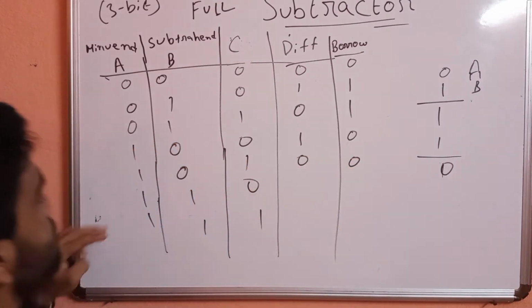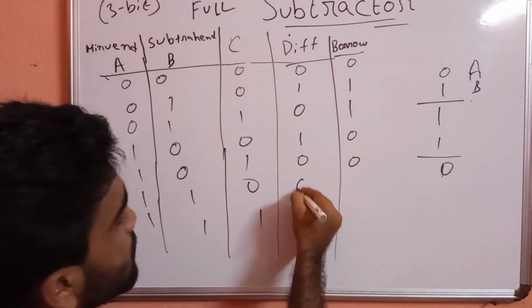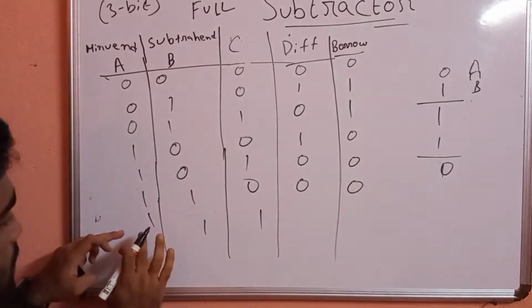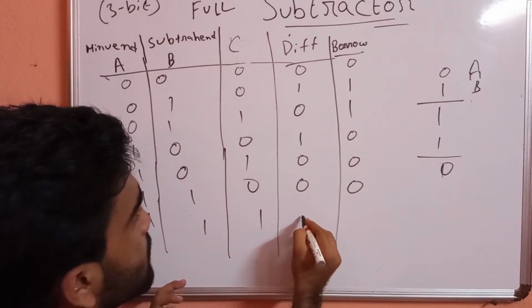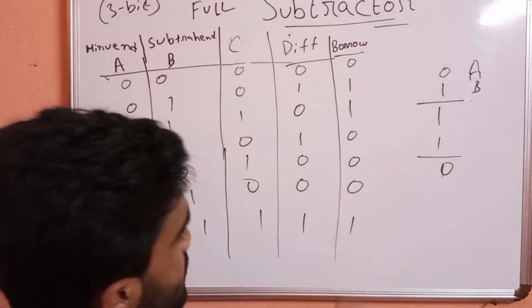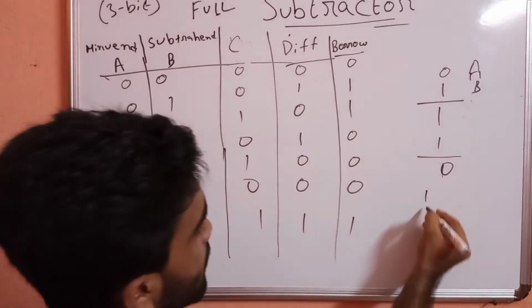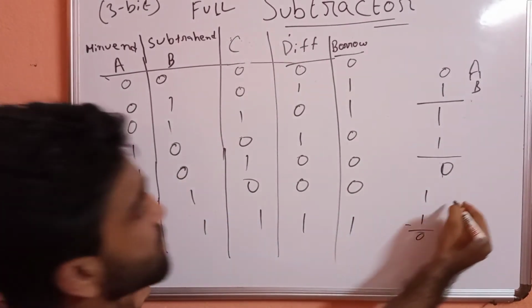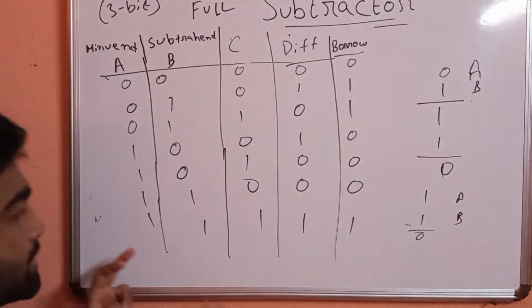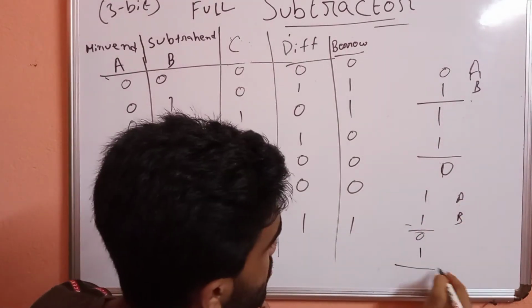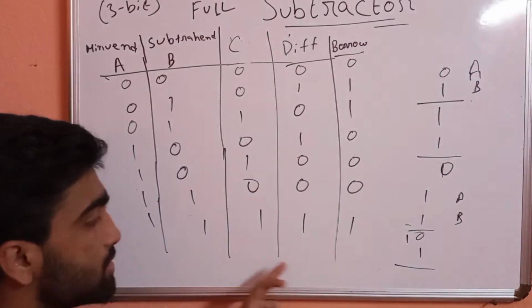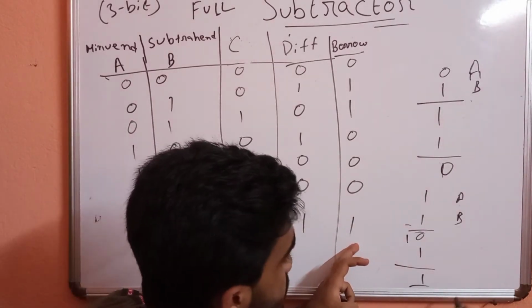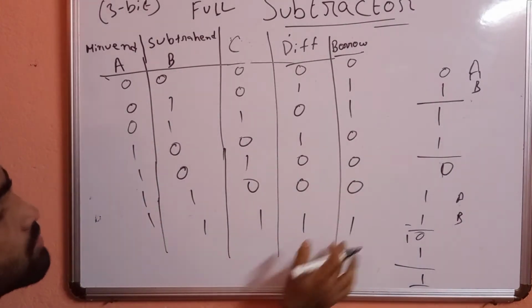Borrow is also 0. Now 1 1 0, difference is 0, borrow is also 0. 1 1 0, difference is 1. Here also 1. Why? 1 and 1 is 0, doing A and B, and then the C. Now the C, we have to take a borrow 1 here. That's why 1, and the difference is 1 now. That's just 1 1 1.